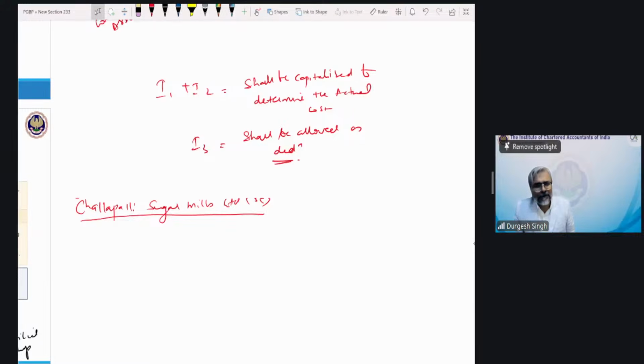Challapalli Sugar Mills Limited, Bokaro Steels Limited, Empire Jute Company Limited, followed by Nani Palkhiwala. You may not be aware of him. Nevertheless, please write Challapalli Sugar Mills Limited. In that you write: expenditure, whether direct or indirect.